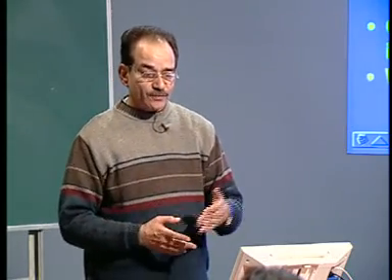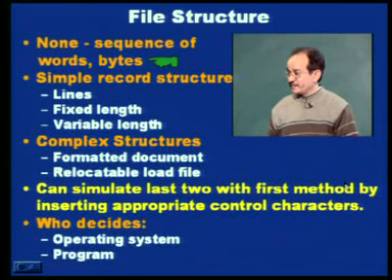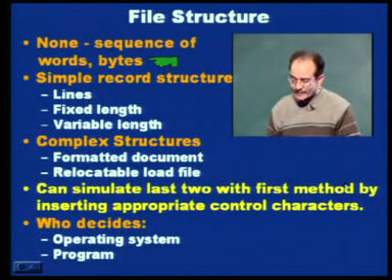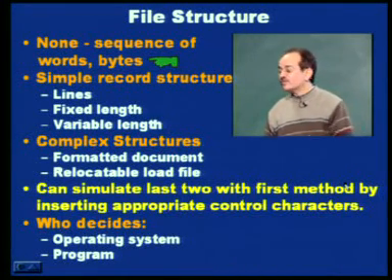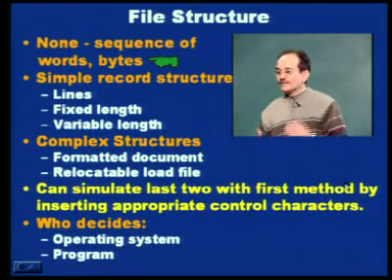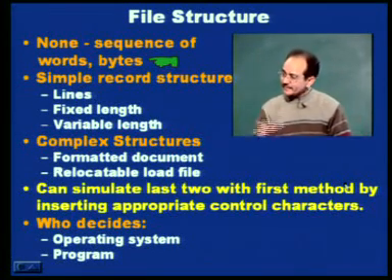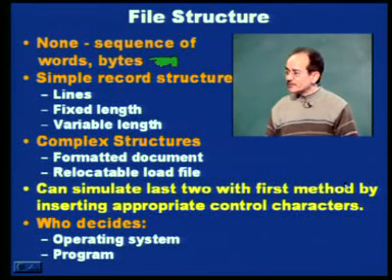Then the question comes, what sort of file structures are there? It can be none, which appears very different, there is no structure for a file. It is nothing but a sequence of words or bytes, some sort of text written without any format, which just continues. That is what we call files with no structure.